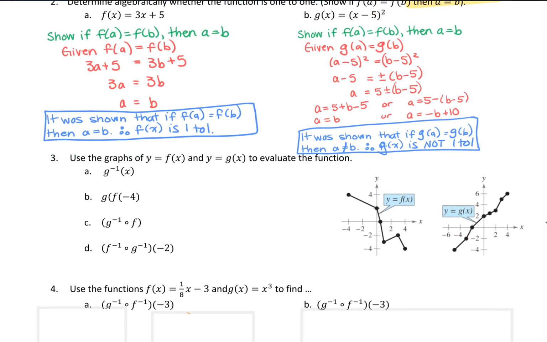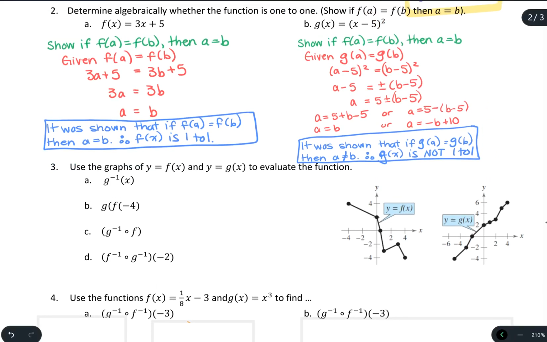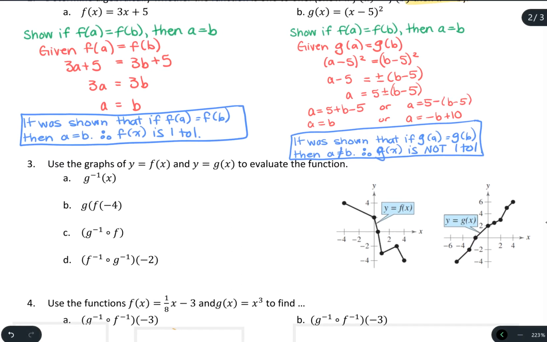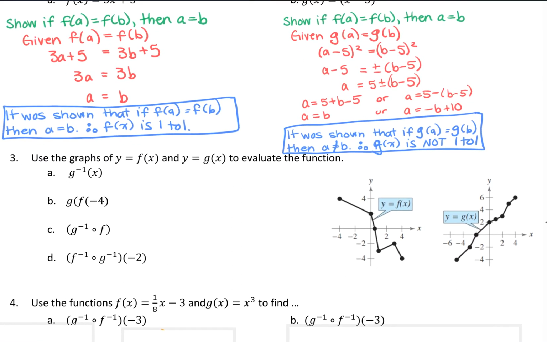All right, now thinking about some inverses here. Use the graph of y equals f of x and y equals g of x to evaluate the function. So thinking about what this means, in this case here, g inverse of x. G inverse is going to be switching the x and y of g, that's going to give us the inverse.